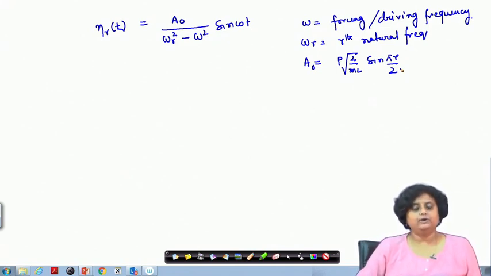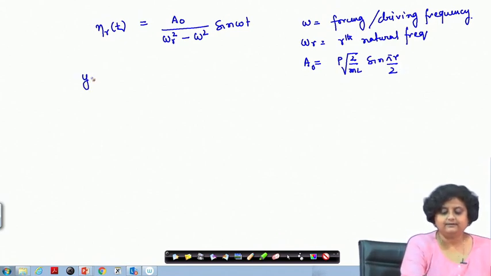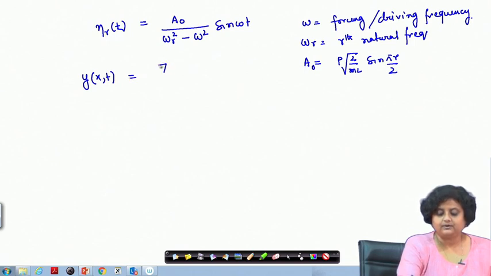Once we know eta r, we can very easily find out y(x, t), which is a summation of the modal terms.